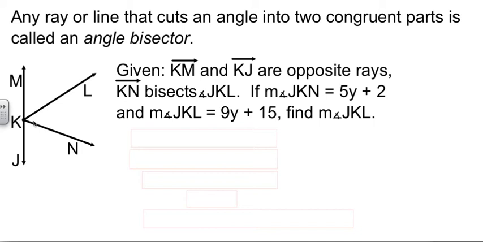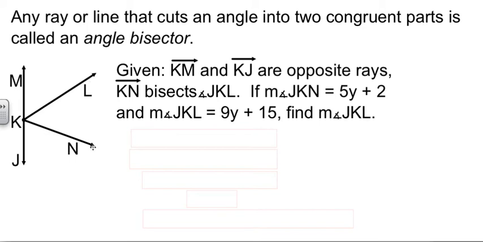KN bisects this big angle. If we know JKN has a value of 5y plus 2, and we know JKL has a value of 9y plus 15, then our job is to find JKL.